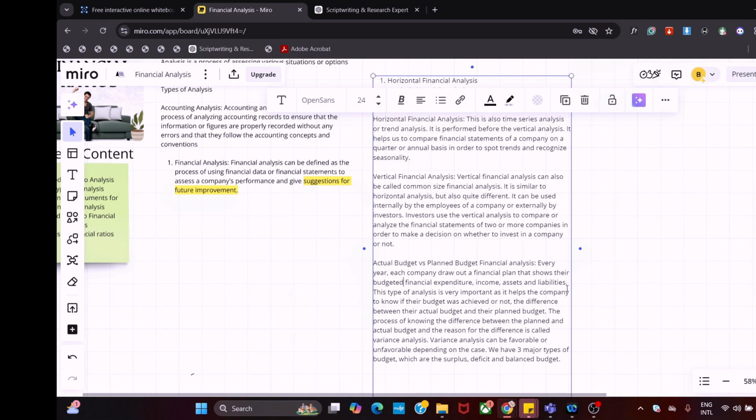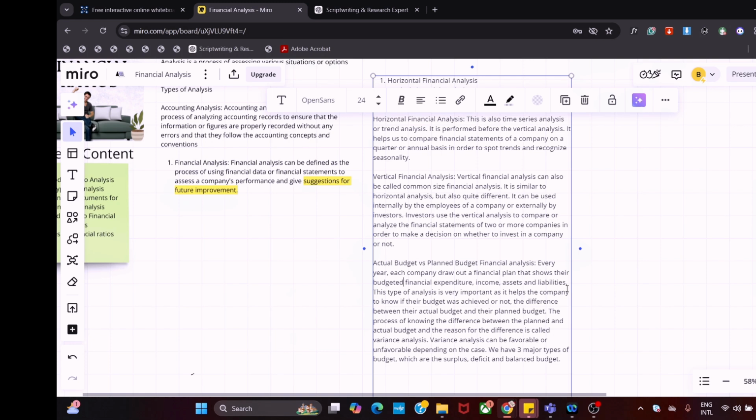This type of analysis is very important as it helps the company to know if their budget was achieved or not, the difference between the actual budget and the planned budget. The process of knowing that difference and the reason for it is called variance analysis. Variance analysis can be favorable or not favorable depending on the case. We have three types of budgets, which are surplus, deficit, and balanced budget.